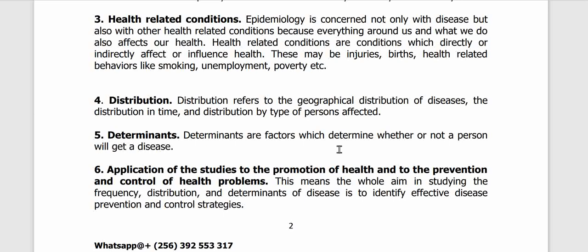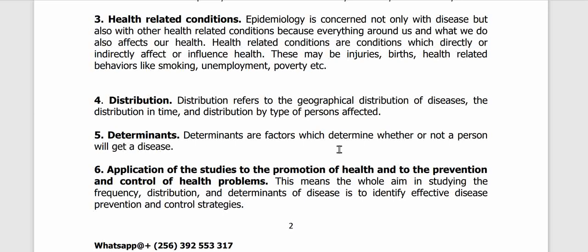COVID-19 indicates that many people in Western Europe died compared to Africa. So it means that the spread or frequency of the disease can sometimes be influenced by environmental or geographical factors.